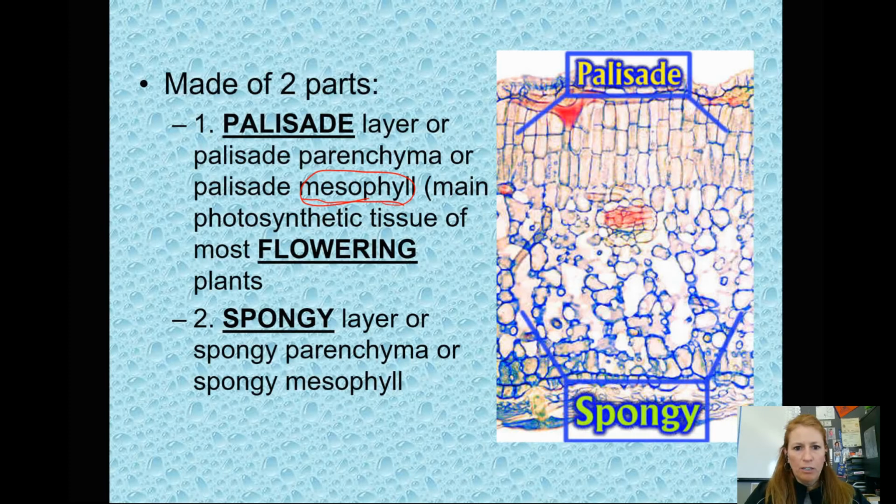It tells you the layer where photosynthesis takes place. When you get to college, your professor may use the word parenchyma, but you can use any of the three terms you want. So both palisade and spongy have the choice of those three terms as a second part for labeling: palisade layer, palisade parenchyma, palisade mesophyll, and then the same for the spongy.